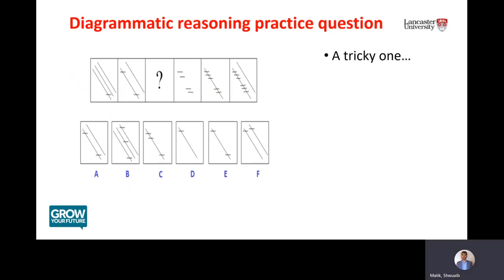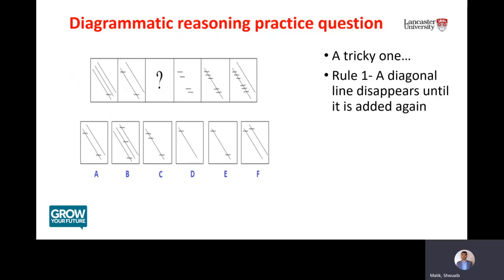Now this is a tricky question, and this was one that got me a lot, and it was difficult to spot the rules here. There are 2 main rules, in fact. The first one is that a diagonal line is disappearing and then it is added again.